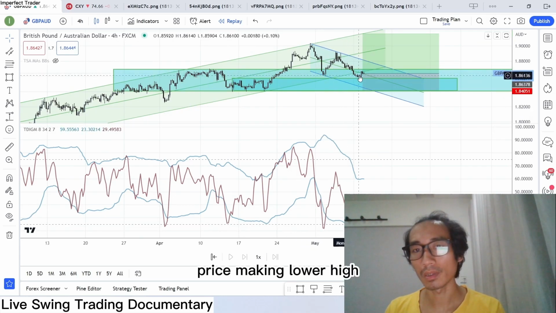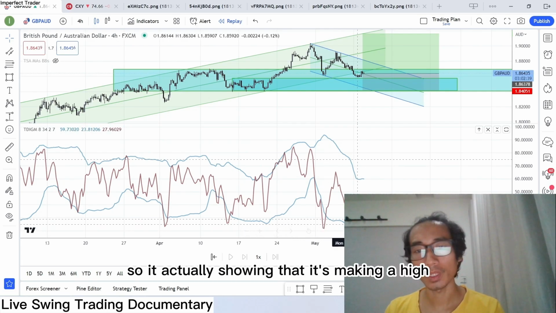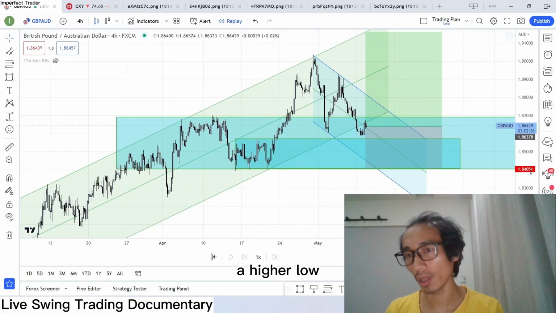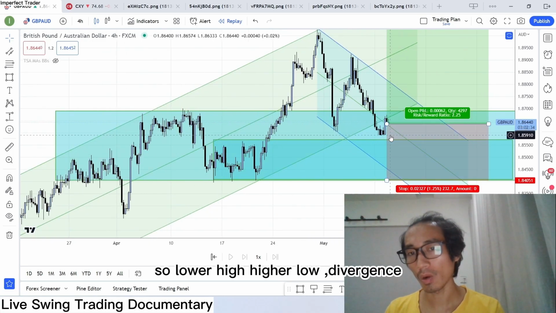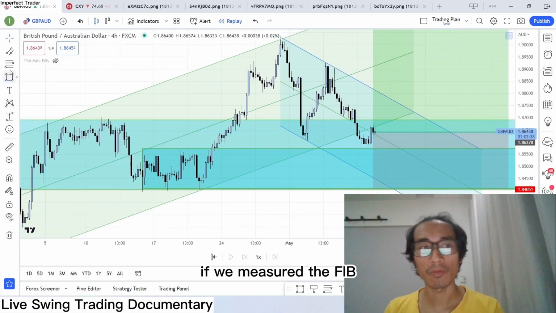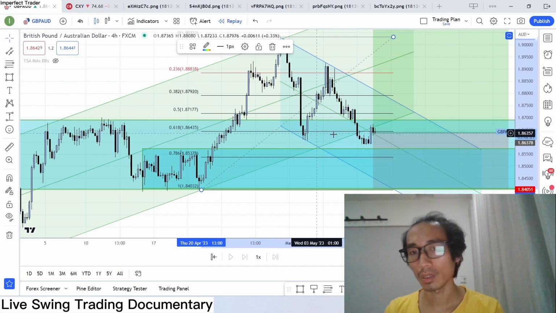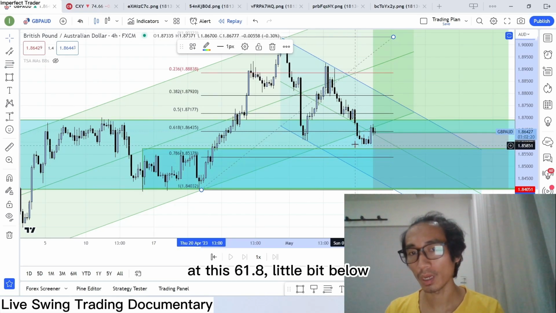Price is making a lower high, but the TDI is actually showing that it's making a higher low. So lower high, higher low, divergence. If we measure the Fib, we have price at the 61.8, a little bit below.